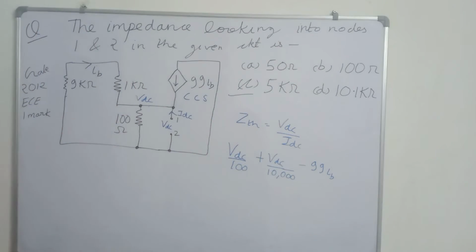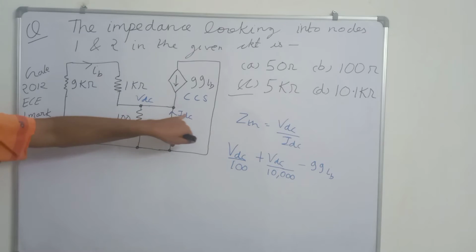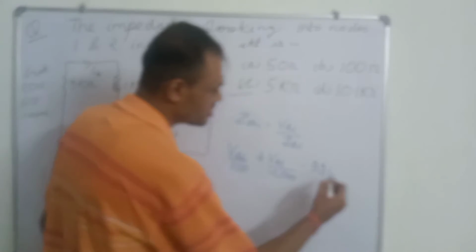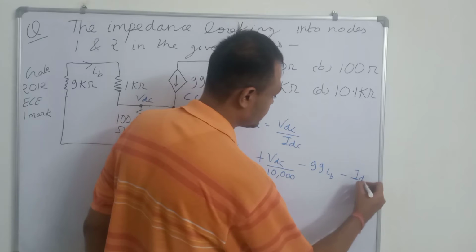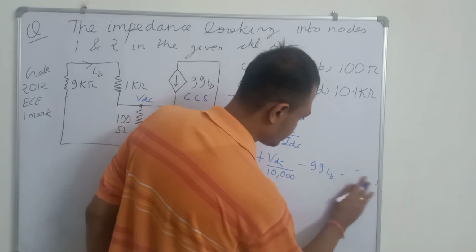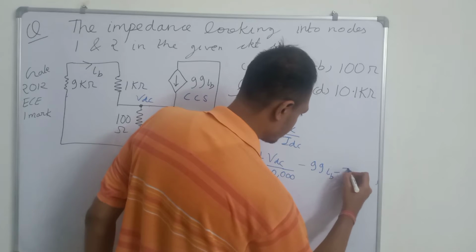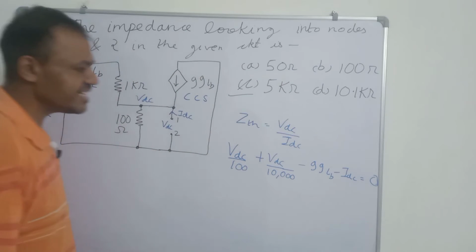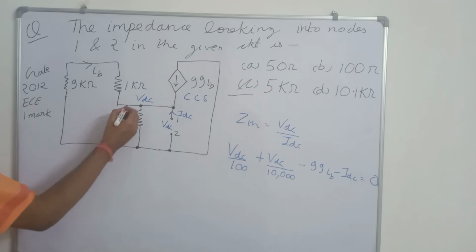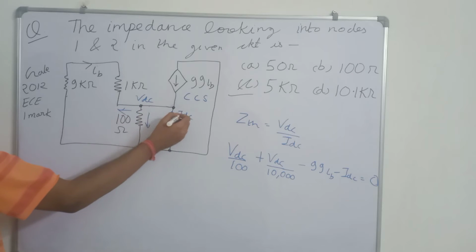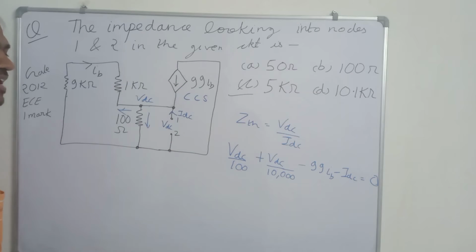IDC is also an incoming current, so minus IDC is equal to 0. The outgoing currents are positive, while IDC and 99 IB are the incoming currents.